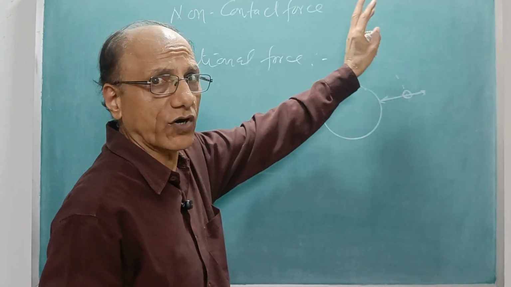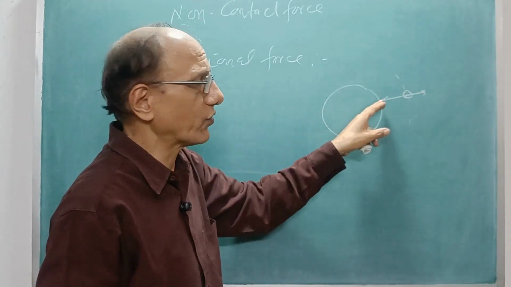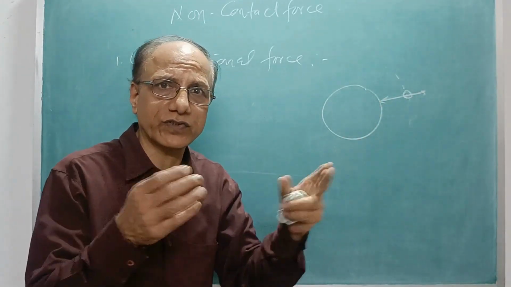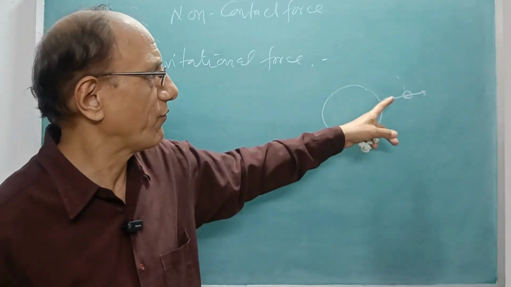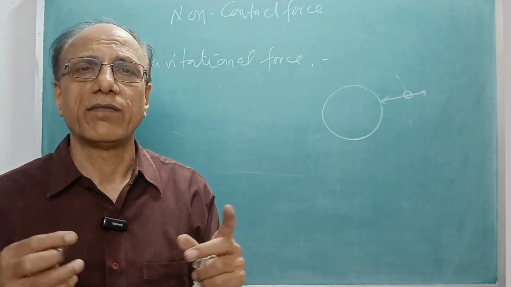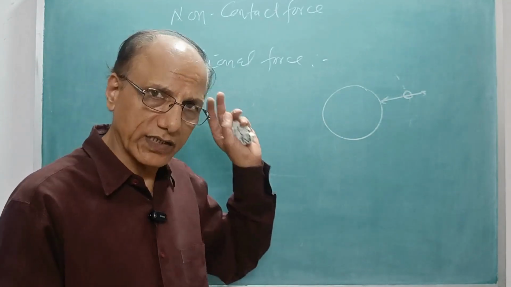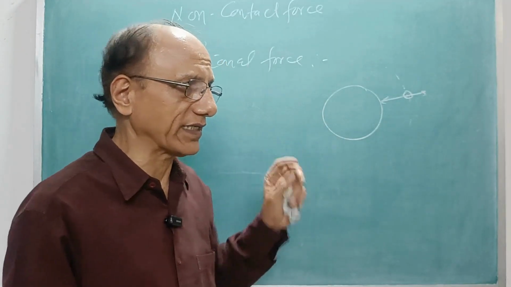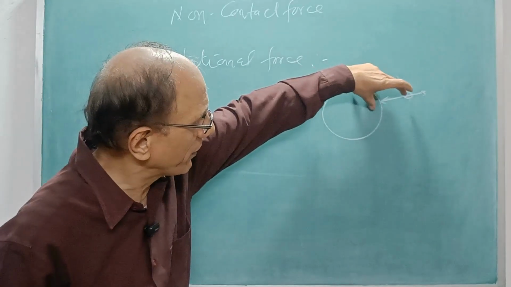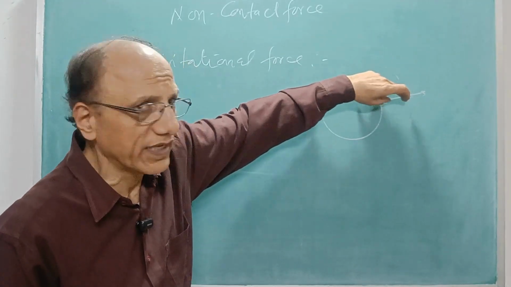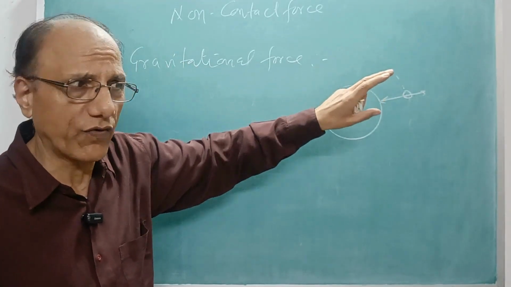That's why the satellite does not go away or does not fall, because these two forces are equal. The velocity of the satellite is maintained in such a manner. So you will study later in higher classes. So the pull between the satellite and the earth is gravitational force.